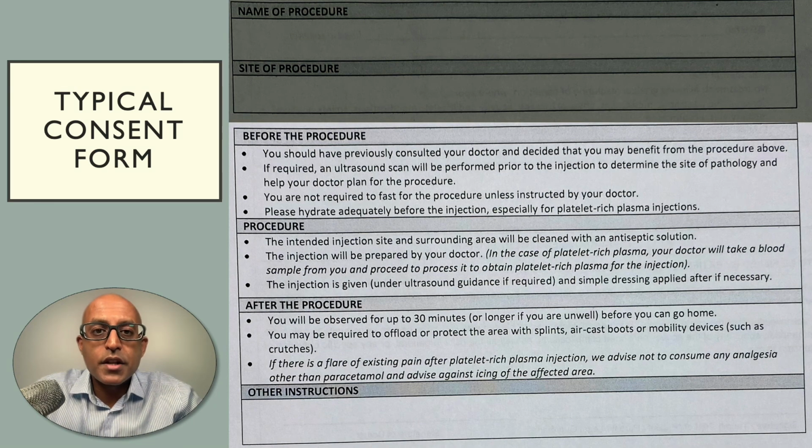Next, we have some generic information about procedures, in particular what to do before the procedure, what it might involve, and what to do afterwards. By laying the information out clearly like this, it not only alleviates stress for the patient, but it also makes it much easier for the clinician when it comes to discussing things with the patient and their relatives.